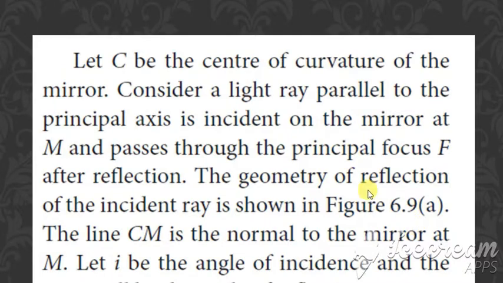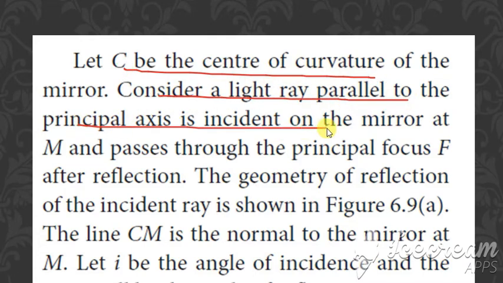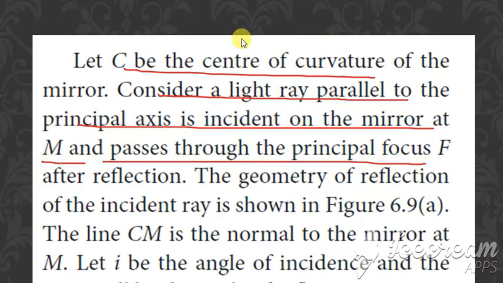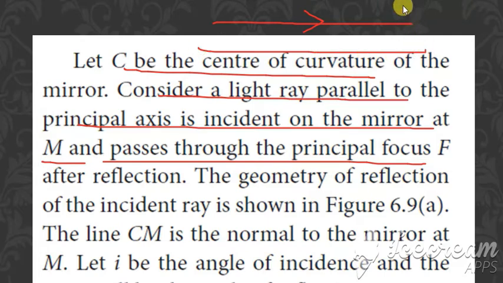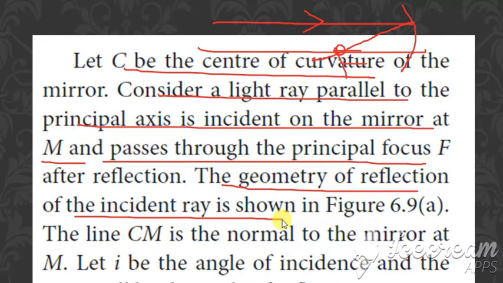Clear? Now let us consider C to be the center of curvature, and a light ray which is parallel to the principal axis is incident on the mirror and passes through the focus. Next, the geometry of reflection of the incident ray is shown in the figure.